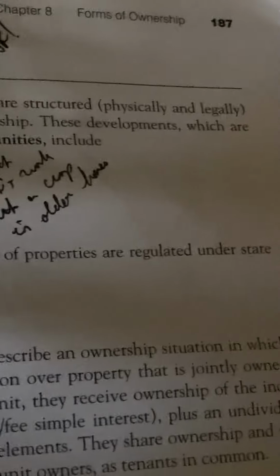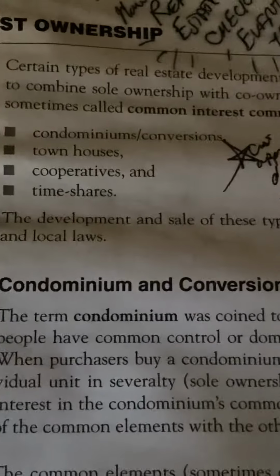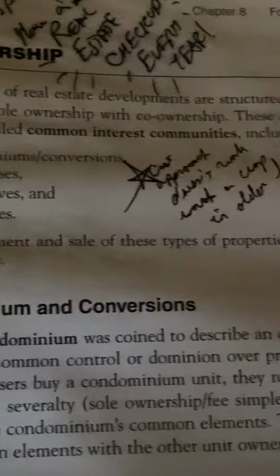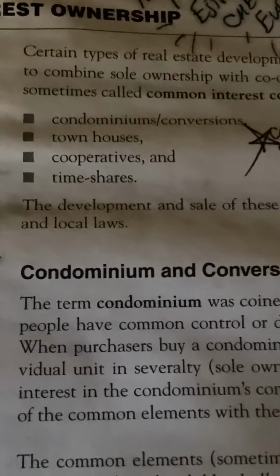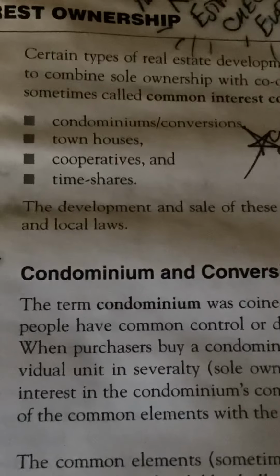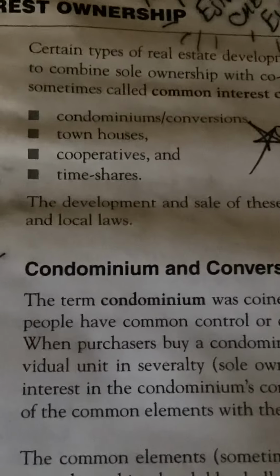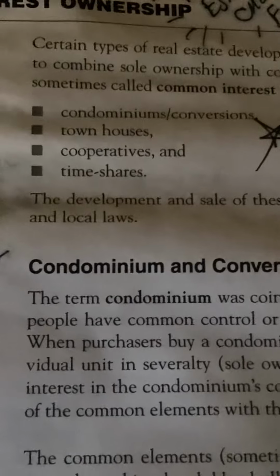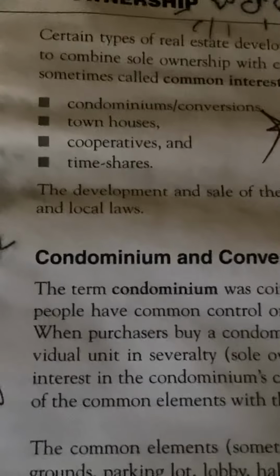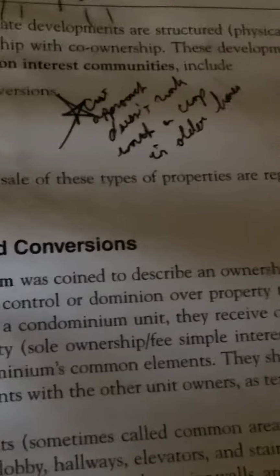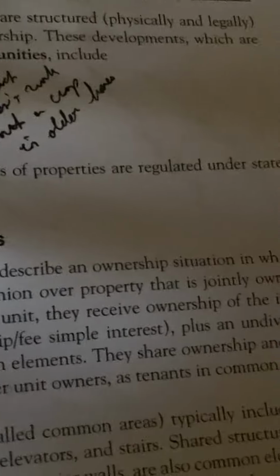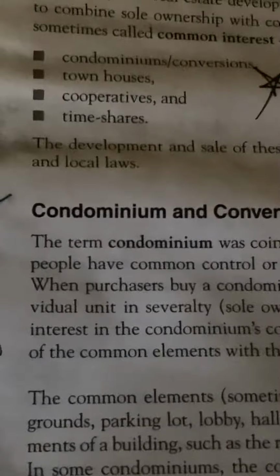These developments, which are sometimes called common interest communities, include condominiums and conversions, townhouses, cooperatives, and timeshares. The development and sale of these types of properties are regulated under state and local laws.